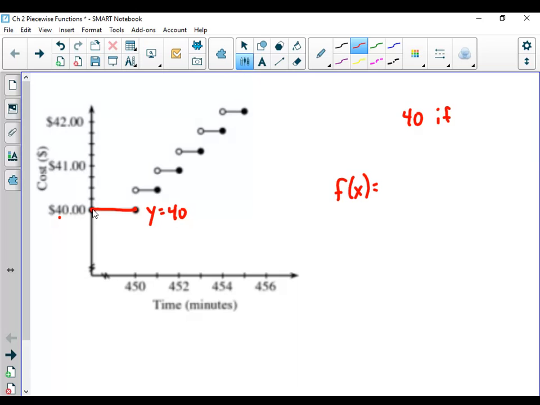Which x values give me a value of 40? How long were they going to charge us $40 in this situation? Where does it start? Where does it end? For the first 450 minutes. Right. So f of x is equal to 40 if x is between 0 and 450.